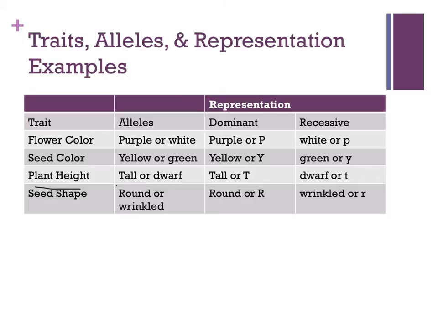There are two different alleles for plant height, tall and dwarf or short. The tall is going to be dominant, and we're going to represent that with the uppercase T. And then dwarf is going to be recessive, and that's going to get the little t. And remember, the shorthand is just to help us so we don't have to keep writing tall or dwarf again and again.